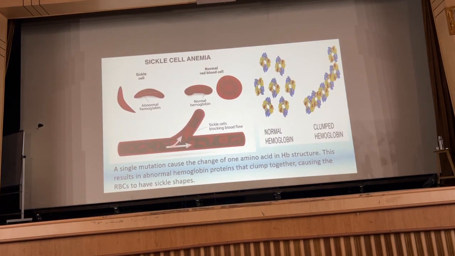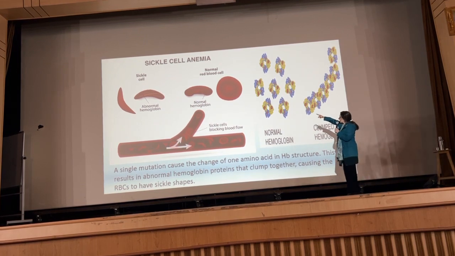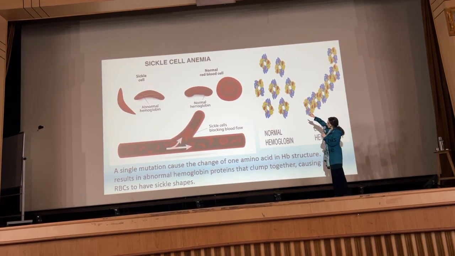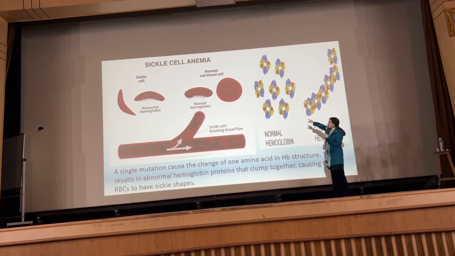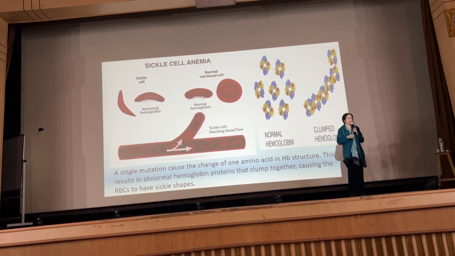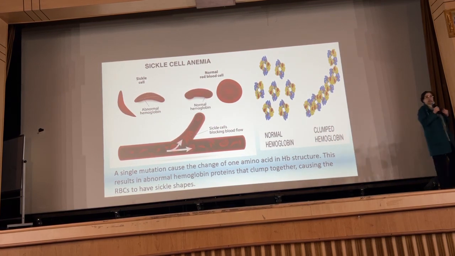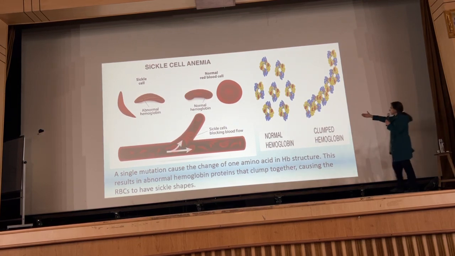Okay, so sickle cell anemia. Every molecule here, two yellow and two blue, is one molecule of adult hemoglobin composed of 4 subunits. Normally, this is how they exist, normal hemoglobin.